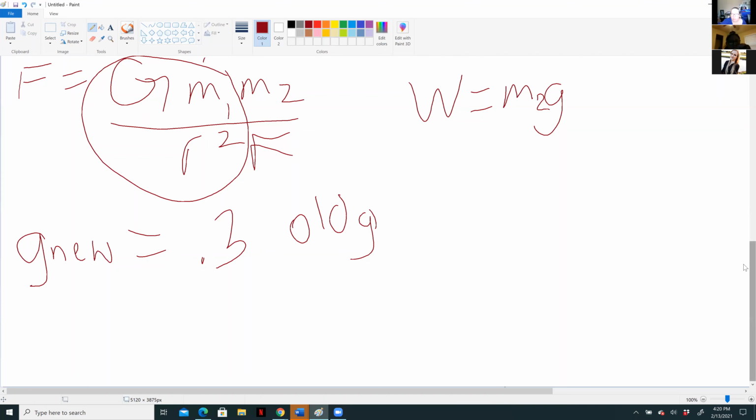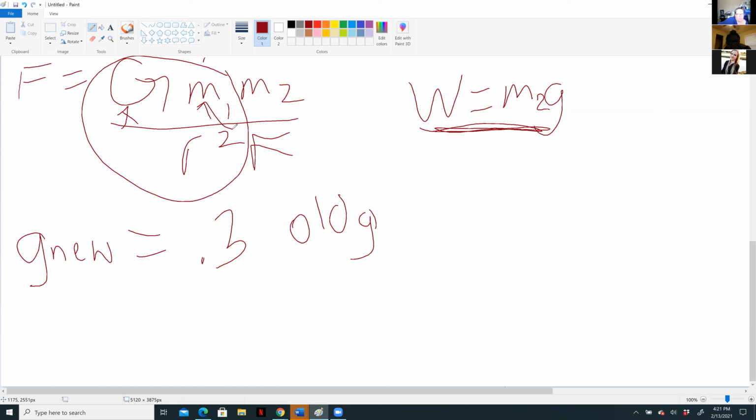Okay, so if you look at everything in this circle, and our total force is this, but your mass doesn't change. So this doesn't change, that doesn't change.